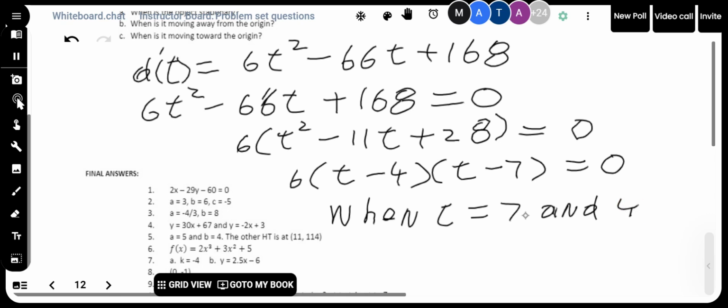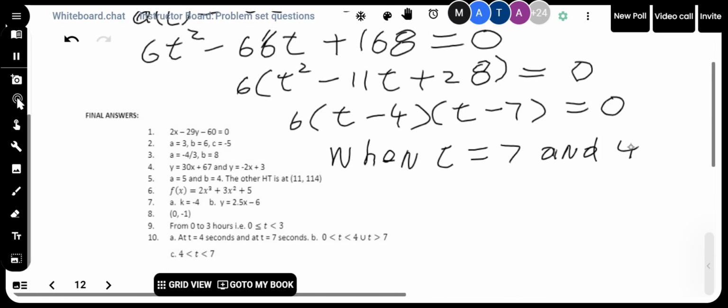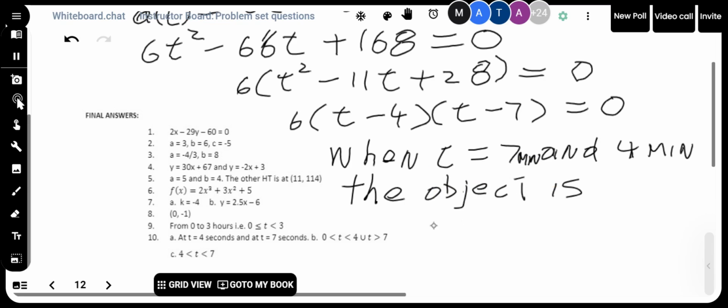T's in minutes, yes. So at those 2 times, the object is stationary. It's not moving.